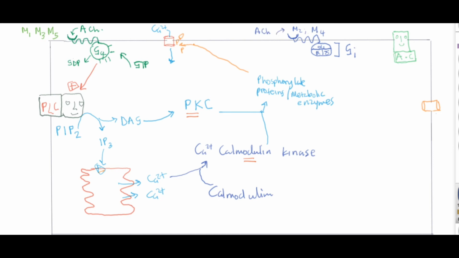If it attaches to this receptor, the G protein here will be cleaved into two groups. The first subunit is this alpha subunit. And the other one is this beta and delta.